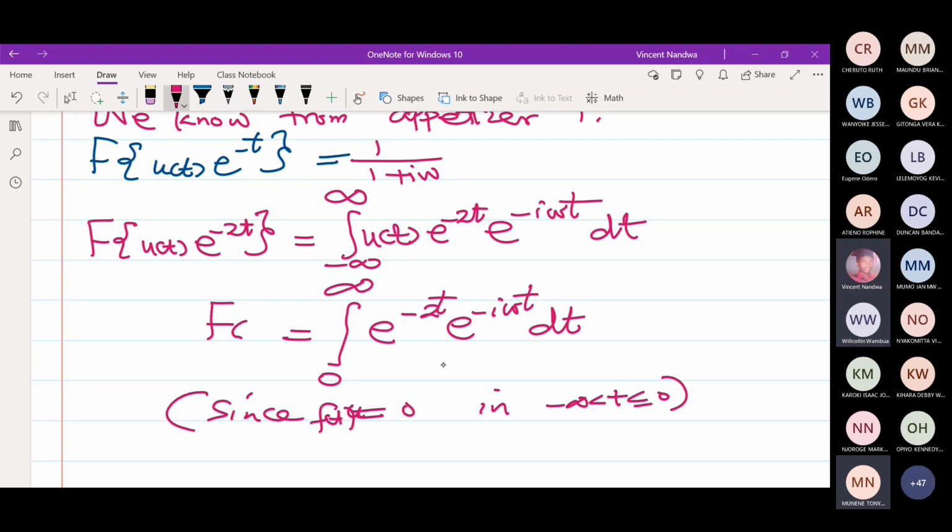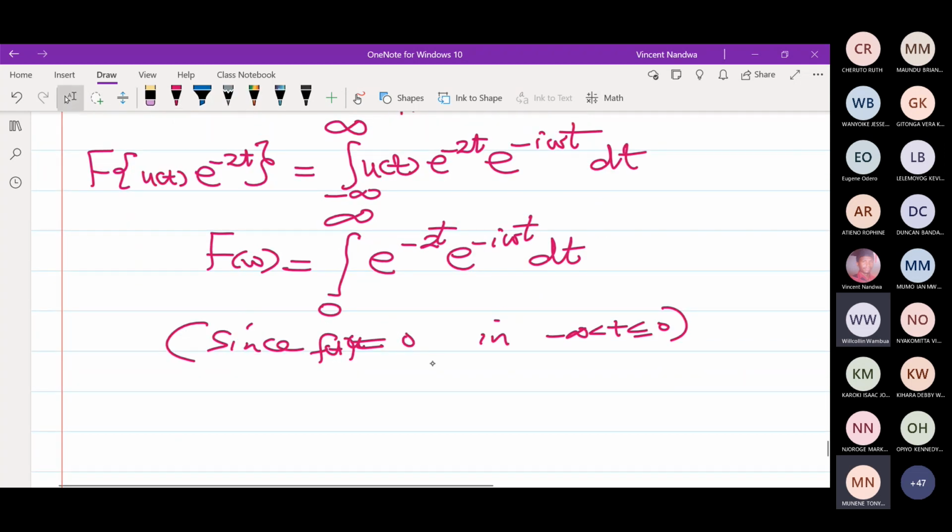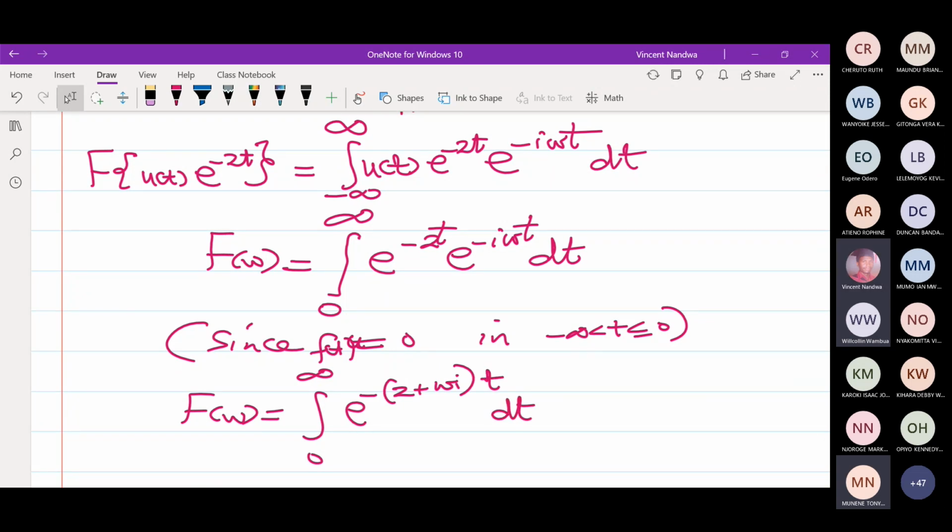So we can write this as the integral from 0 to infinity of e to the power negative (2 plus i omega) t dt.